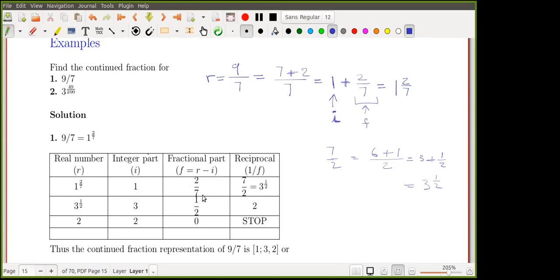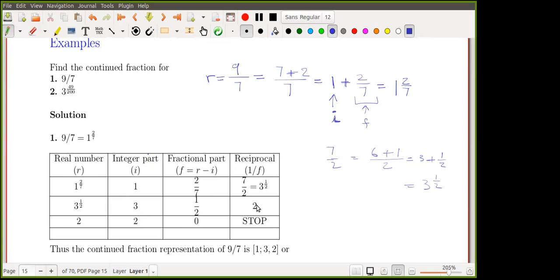That reciprocal, we repeat it here, and we start the process over. That is, since it's in mixed fraction form, we have the integer part and then the fractional part. So we write in the corresponding entries, and then we take the reciprocal of this, which is 2.